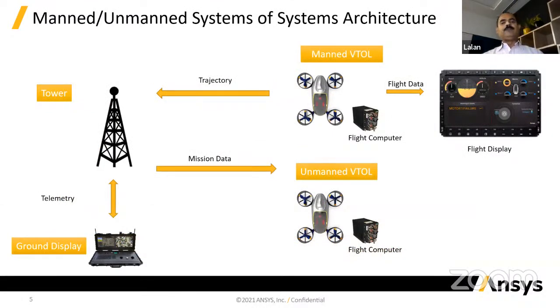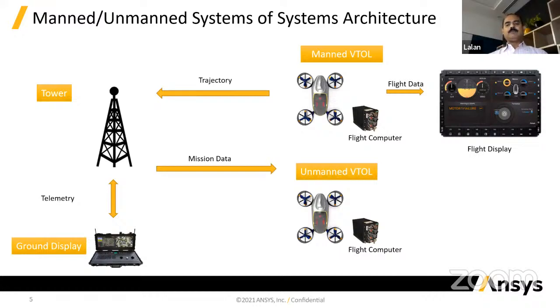Now this slide represents the lay of the land for the urban mobility system. Let's focus on two types of vehicle. One is called the manned VTOL, and the second is the unmanned vehicle. The manned vehicle can be used as air taxis, whereas the unmanned can be used for package delivery.